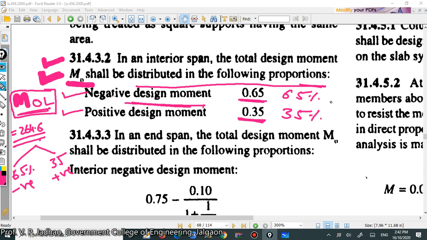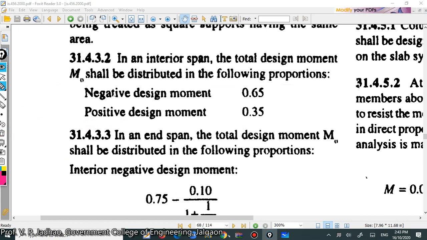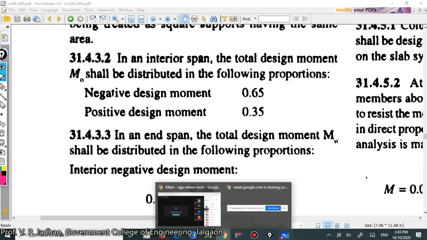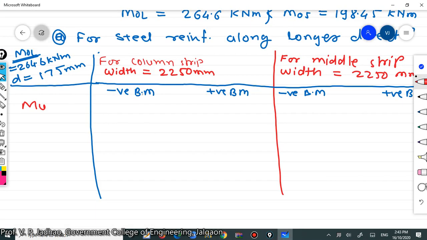Okay, so the total of this bending moment will be 100%. So 100% of this bending moment will be distributed in proportion of 65% for negative bending moment and 35% for positive bending moment. So here we have MOL equal to 264.6.